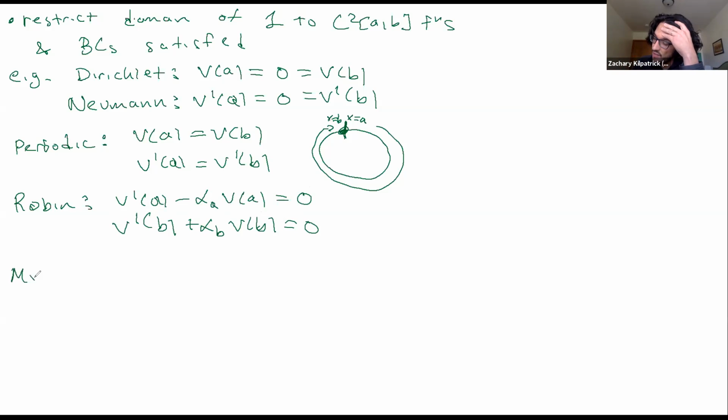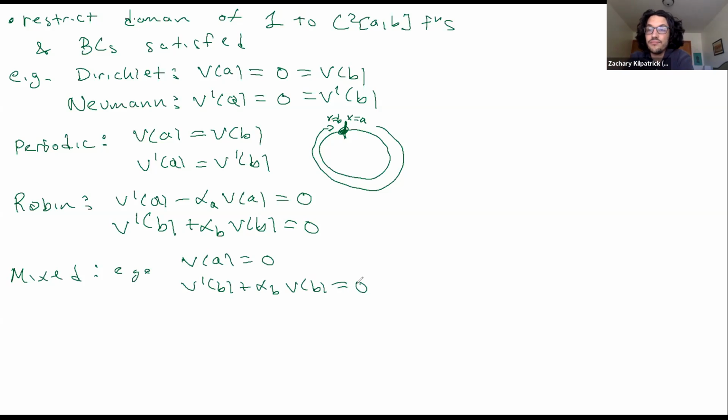You could also have mixed boundary conditions, which would be like V of A equals 0, while V prime of B plus alpha B, V of B equals 0.